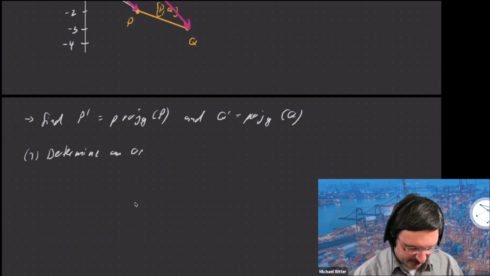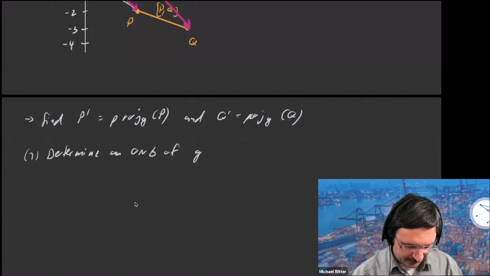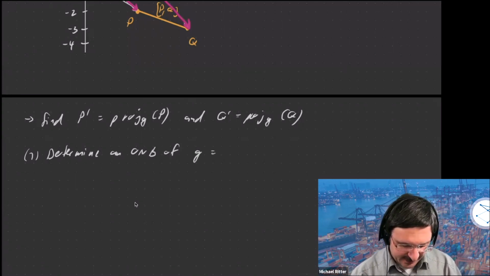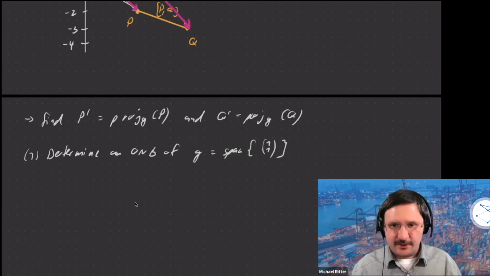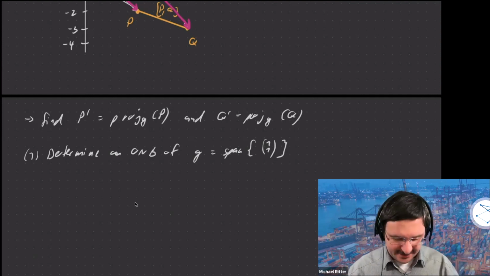So determine an ONB of G. Well, that's easy. G is spanned by just the vector 1, 1. So we don't have to orthogonalize anything. It's just one vector. The only thing we have to do is normalize that.